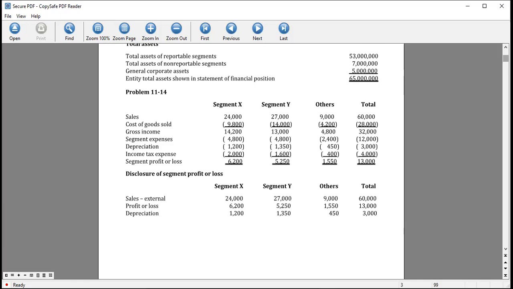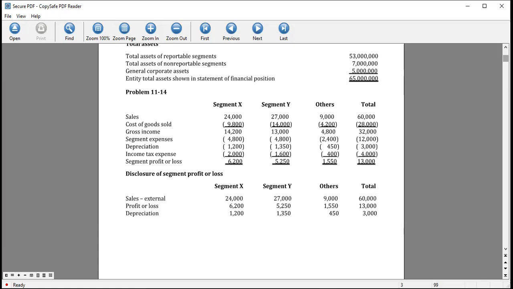So we now have for 11-14 segments X and Y, and we have others. And we are given Congo company does business in several different industries. Condensed income statement for the entire entity for the current year is as follows.